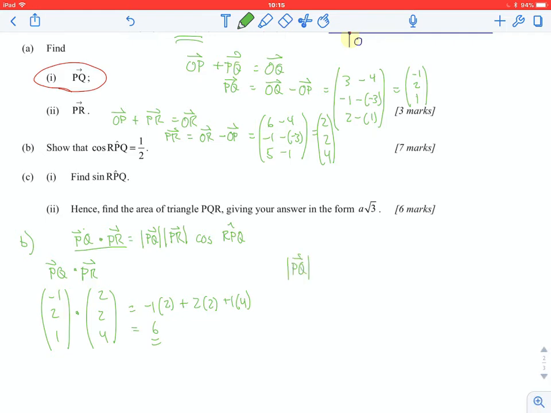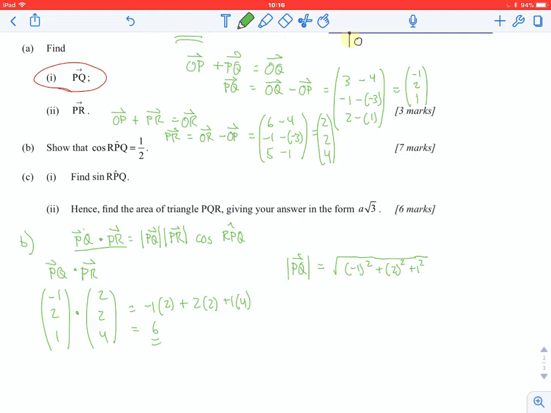The way we find magnitudes of vectors is using the Pythagorean theorem, and this works in 2 dimensions and 3 dimensions. I'm going to take the square root of each of the components of PQ squared. So we have (-1) squared plus 2 squared plus 1 squared.